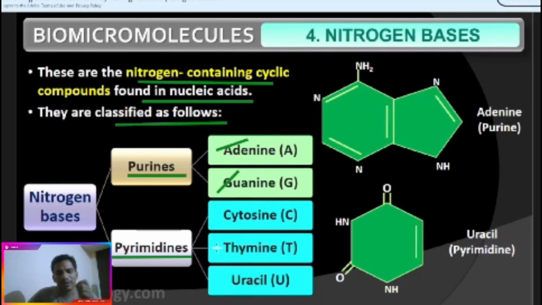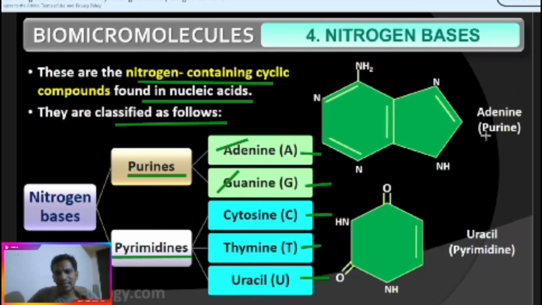CUT are the pyrimidines. Purines are A and G, adenine and guanine. You can remember it easily. Purines and pyrimidines are called nitrogen bases, right?